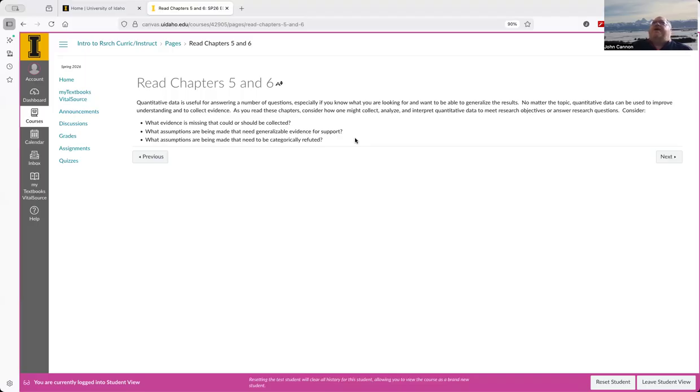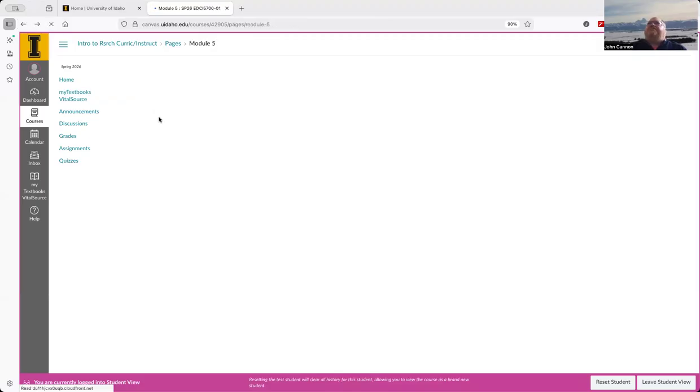But that doesn't mean it's a bad study. You just need to say that the findings are specific to the group of people who completed the survey. Then the final question is what assumptions are being made that need to be categorically refuted. So those are some things to think about when you go through chapters 5 and 6.